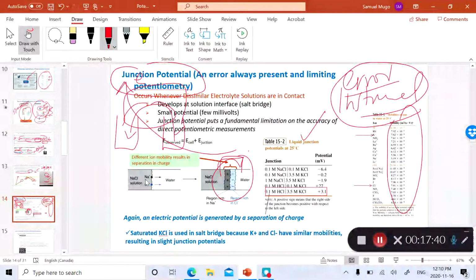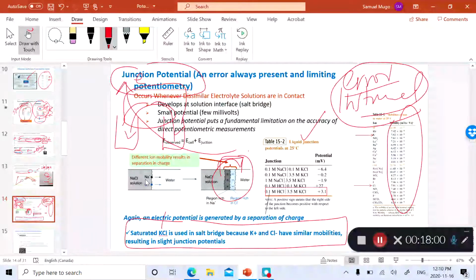So please take note of that, a very common error in potentiometry. So what's the solution? We don't have a very good solution. The junction potential error is always there. However, you can minimize it by choosing the right type of electrolyte, with constituent ions that have very similar mobilities.